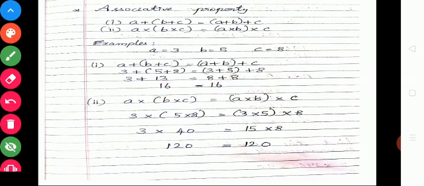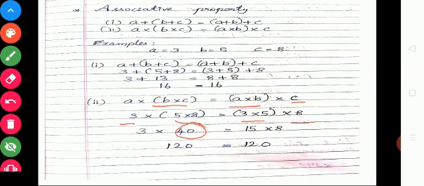And then next, (a into b) into c is equal to a into (b into c). (3 into 5) into 8 is equal to 3 into (5 into 8). First, solve in this bracket. 5 eights are 40.